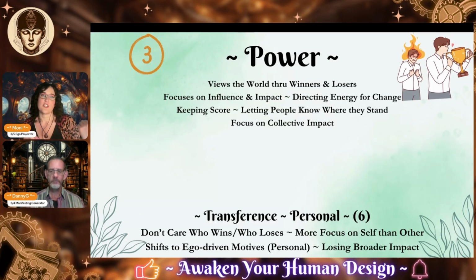If you're in transference with this personal perspective, you don't care who wins or loses, and you're more focused on the self than the other. It shifts to an ego-driven motive, a very personal kind of motivation, and loses the broader impact of that zoomed-out view of who's winning and who's losing.